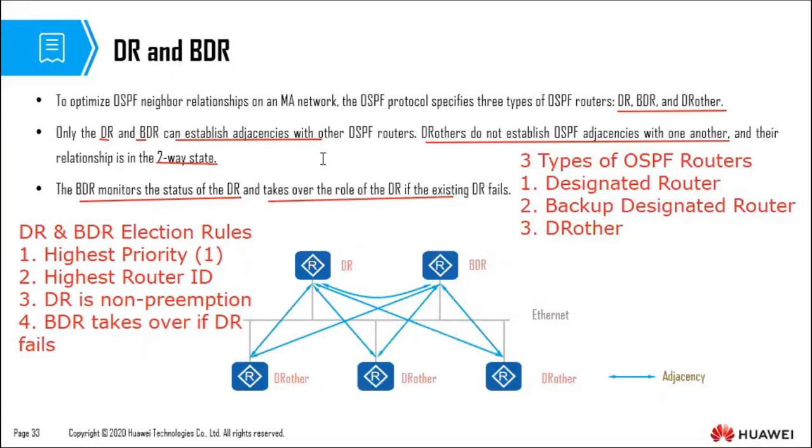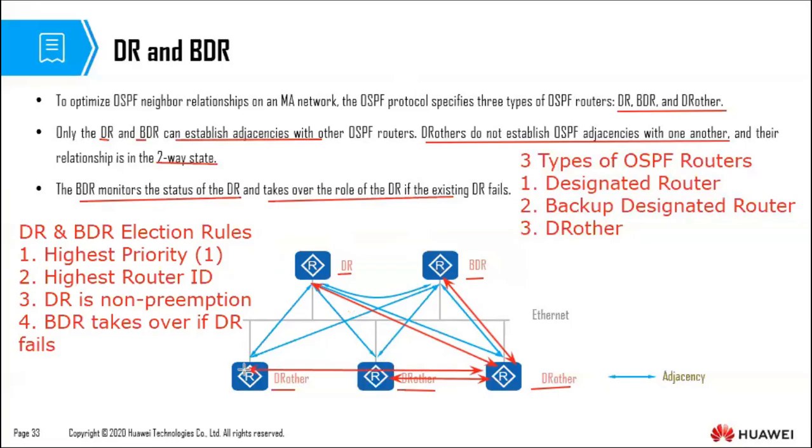Please note, you'll only have one DR and one BDR. Then all the other routers are DR others. You only form adjacencies with the DR and the BDR. So look, how many adjacencies have we saved? This router would also have formed adjacencies with that one and that one. Are you seeing that?